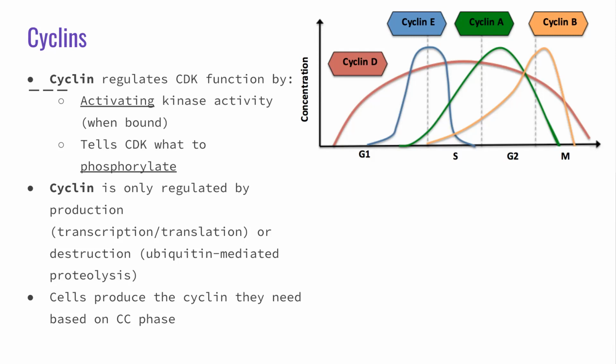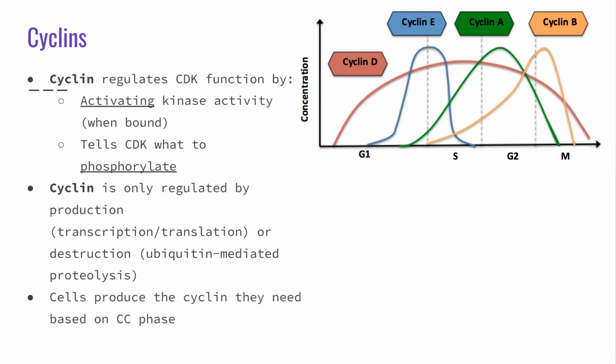This means they cause a conformational change in CDK that changes what it can phosphorylate, to make sure that it's targeting the correct proteins during the correct stage of the cell cycle. Cyclin itself is only regulated by production, which takes place through transcription and translation, and destruction, which occurs through ubiquitin-mediated proteolysis.